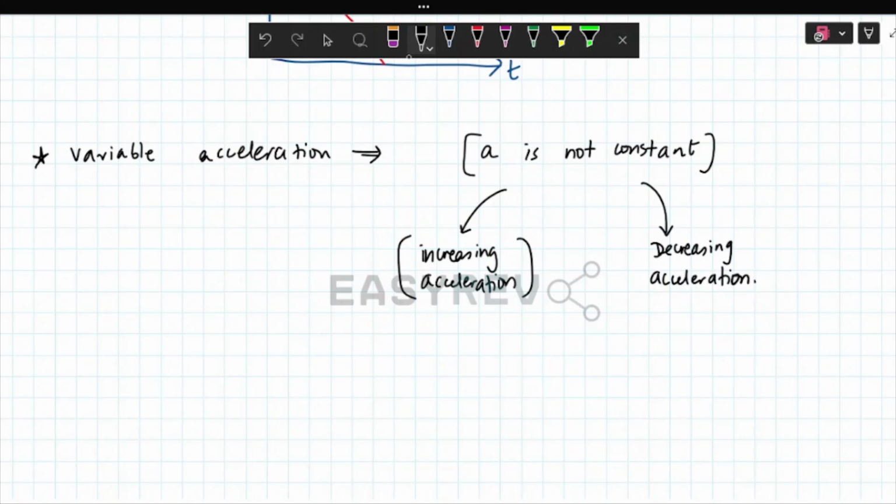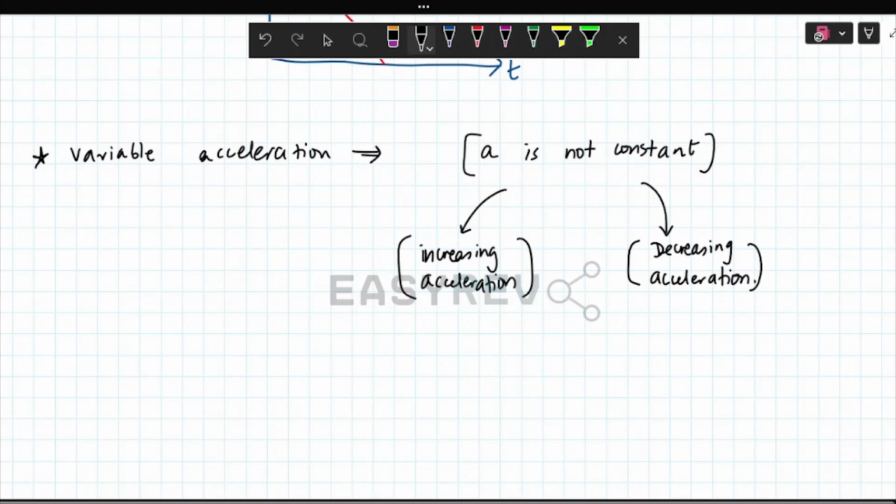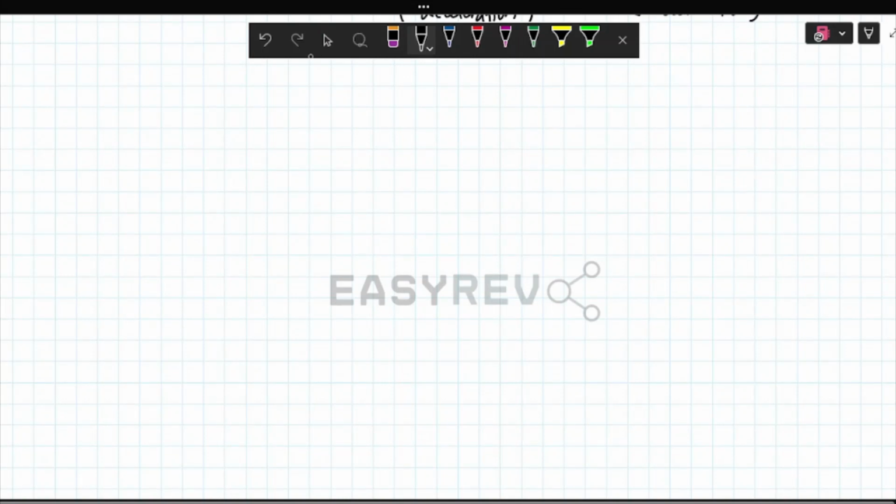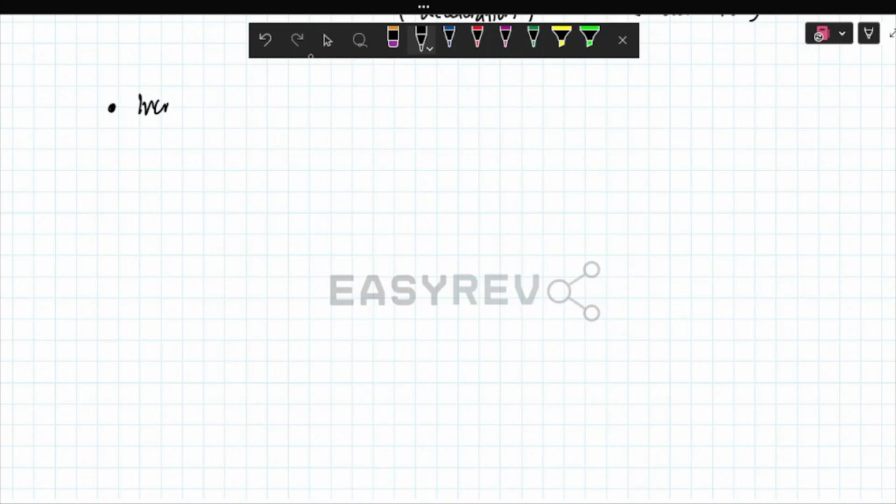It's good to understand what each of these mean physically first, just for a better understanding, especially when it comes to concepts, and then we'll see what their velocity time graphs look like. Now, increasing acceleration, as tricky as it sounds, is actually quite straightforward to draw. And we'll actually draw it using our trusted trolley.